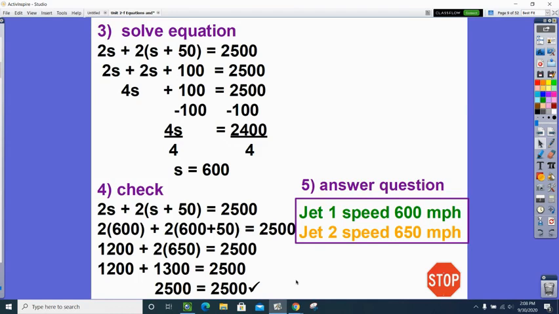When that happens, their distances are equal. They left from the same spot, and when they caught up, they're in the same spot. Their distances are equal. The second type of problem we did is the round trip, the up and back, Lantern Hill. Again, you're going to go up and you're going to come down. Those distances, again, are equal.